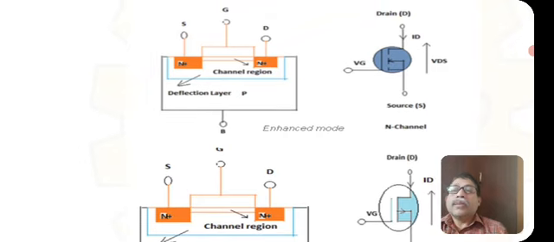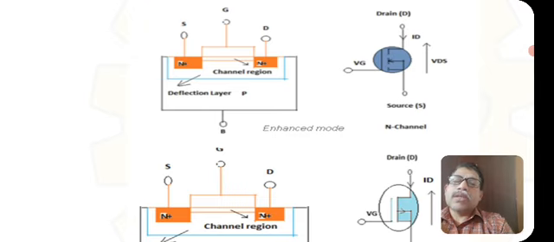See here the P type is the substrate, and two N plus regions are doped. N plus means that the doping level is very high. The N plus is doped or diffused on the left hand side and the right hand side.